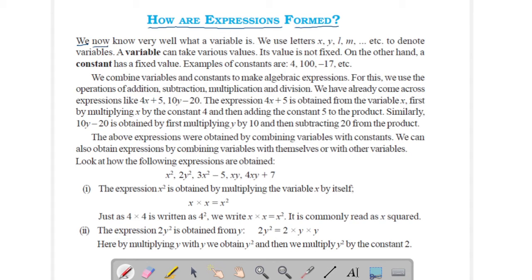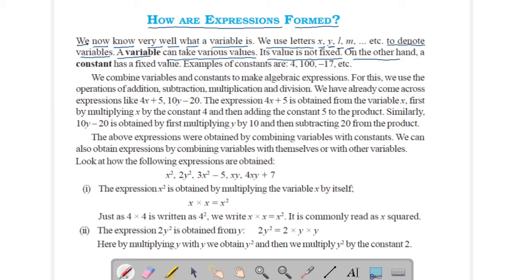We now know very well what a variable is. We use letters x, y, l, m, and so on to denote variables. A variable can take various values. Its value is not fixed.